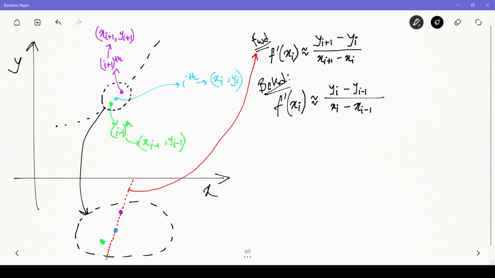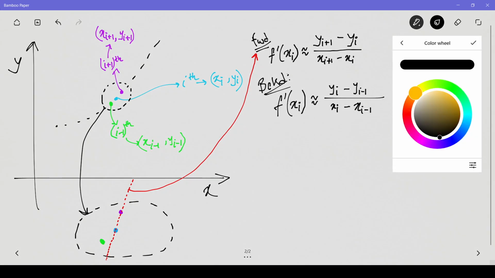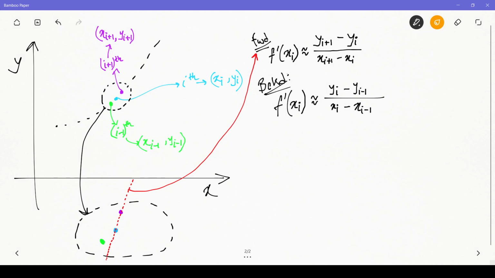So let's denote it using orange right now. Whatever approximation of the derivative I want to get at the ith point, we say that the first derivative approximation is equal to the slope of the straight line that passes through the i minus 1th point and the ith point.